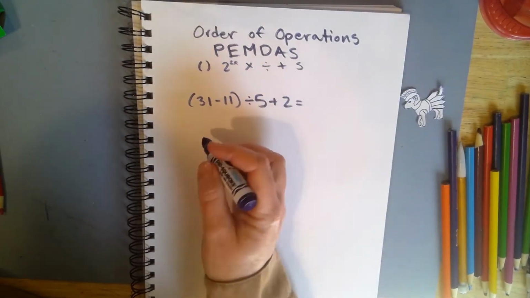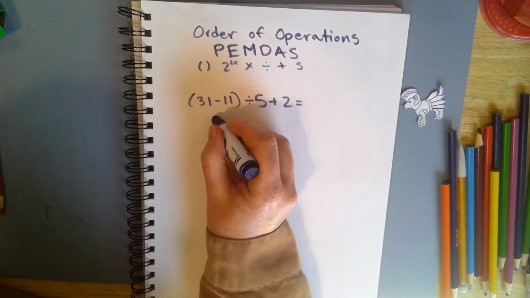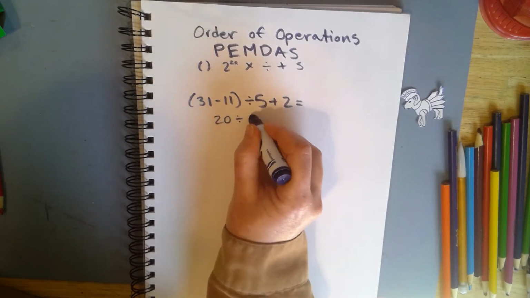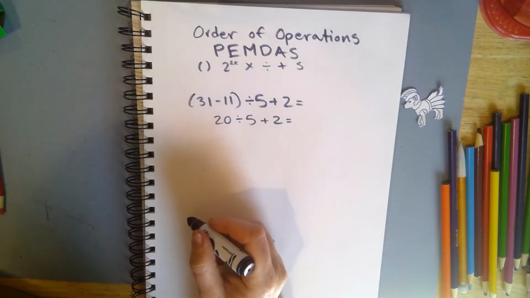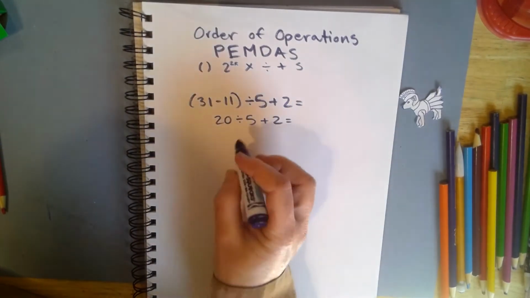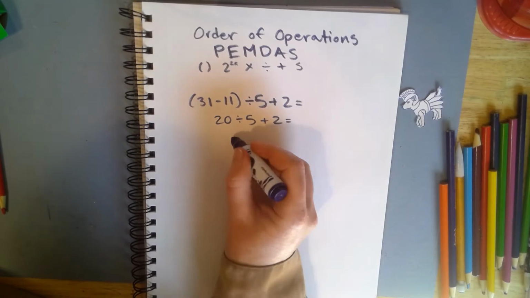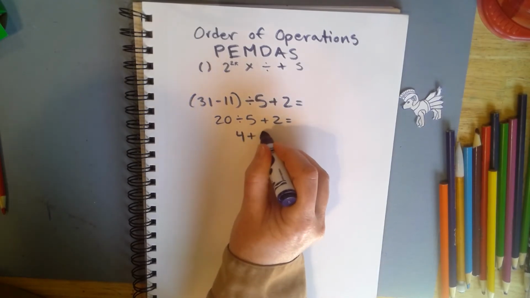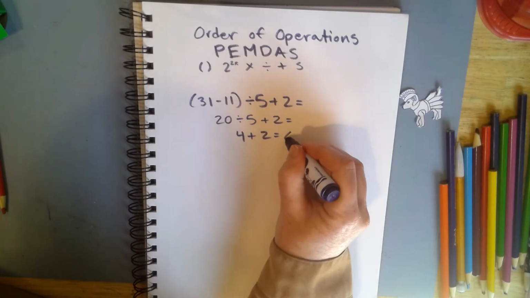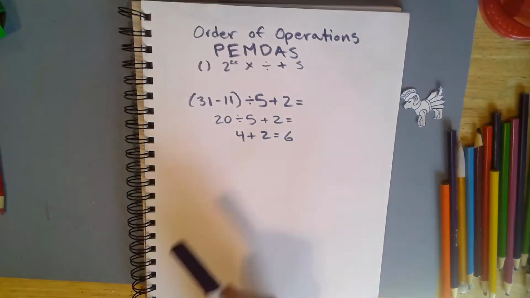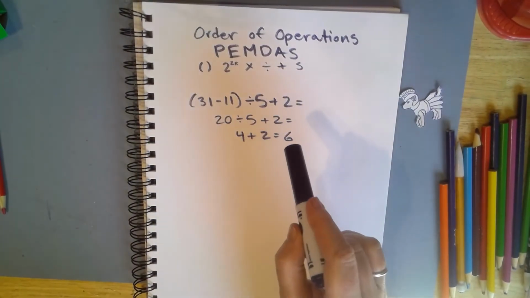So 31 minus 11 is 20. Okay. Now I have some division. So 20 divided by 5 is 4. Then the only thing left is addition, and it equals 6. So from that hot mess, the answer is 6.